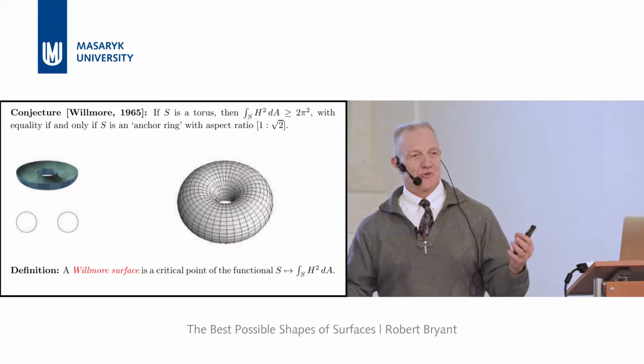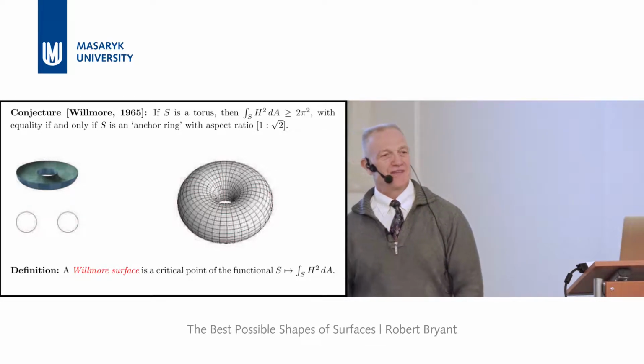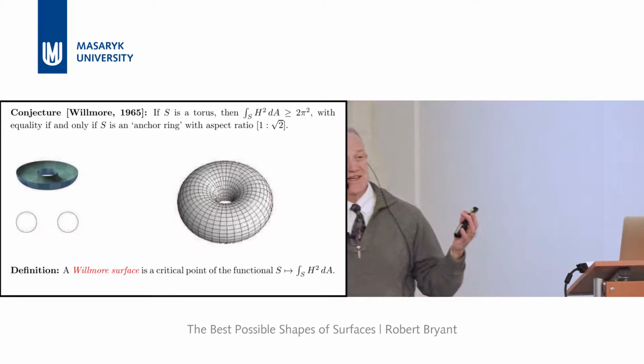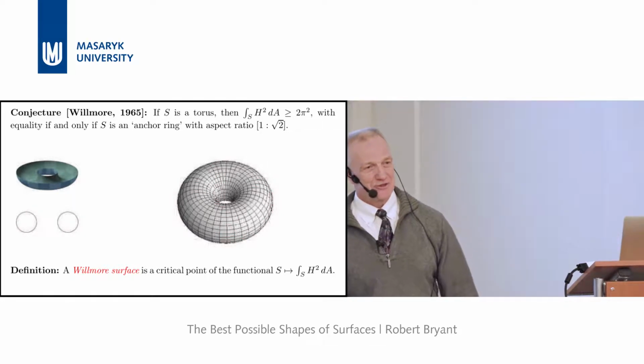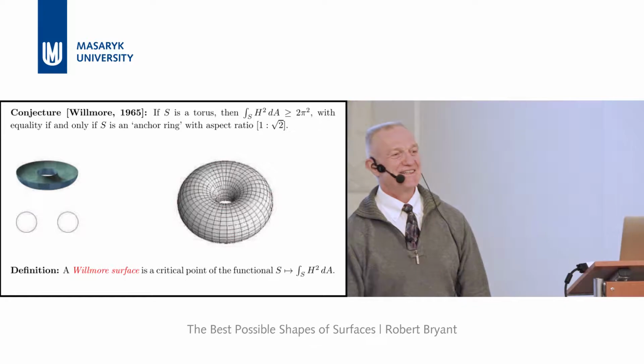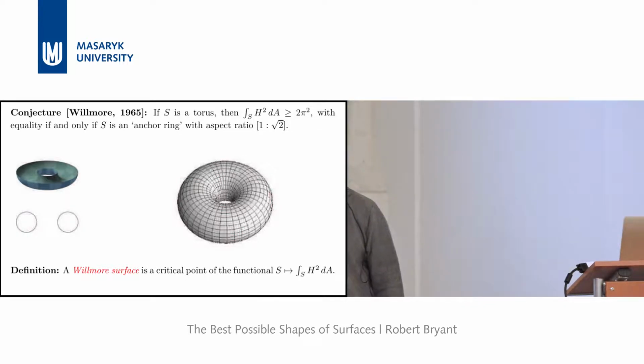And once you find the critical points, then you test each critical point and find the minimum, right? I'm sorry to say that's the prevalent strategy no matter how far you go in differential geometry: find the critical points, and then once you understand all the critical points, find the minimum.